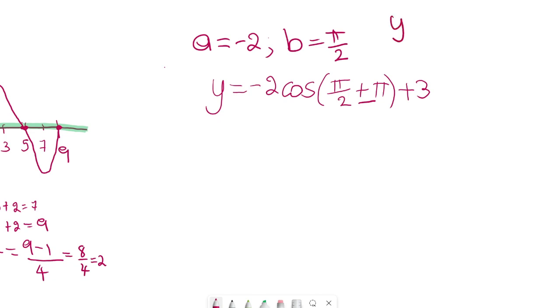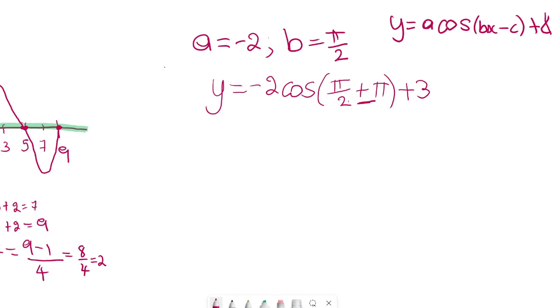Now C, be very careful here, right? Recall the original form is y equals A cosine(Bx - C) + D. Here it's important that we usually have minus C, and then plus D, right? But in this case, we have a plus sign.